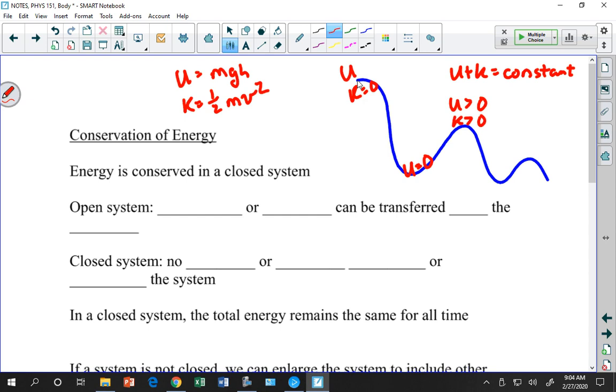But then they have another section that's just on conservation of energy, and it's really similar. I'm not really sure why they separate it, except that they want to talk about open and closed systems. So energy is conserved in a closed system, and in general we'll assume that all of the systems that we discuss are closed systems. An open system means that energy or work can be transferred into the system.